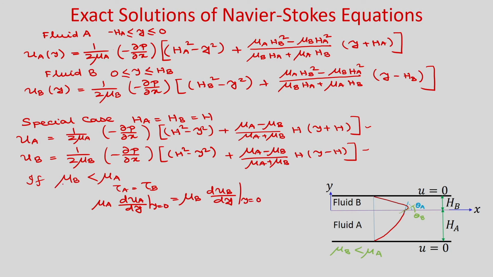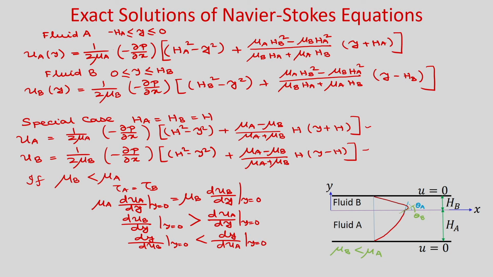So, now you can see from here that if mu B is less than mu A, then obviously du B by dy at y equal to 0 will be greater than du A by dy at y equal to 0. Okay. So, dy by du B at y equal to 0 will be less than dy by du A at y equal to 0.